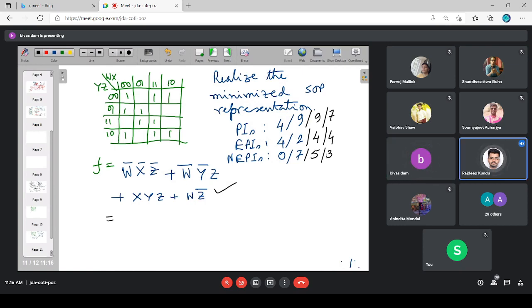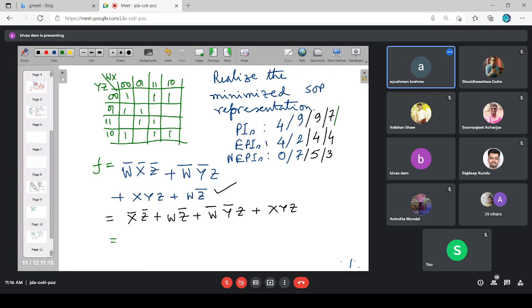And the function: X bar Z bar plus WZ bar plus W bar Y bar Z plus XYZ. Another answer: 6, 5, 1.